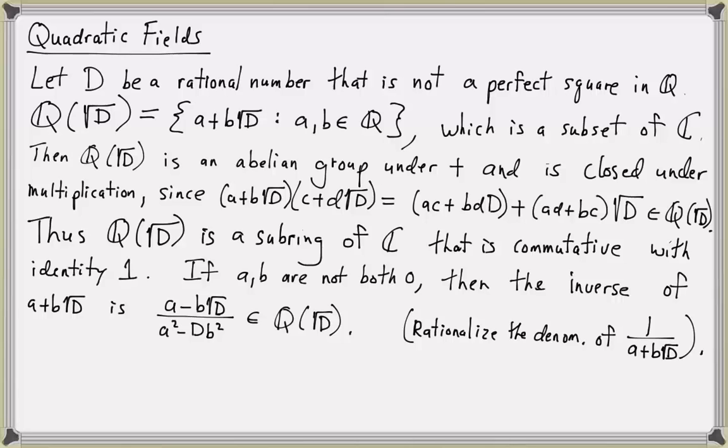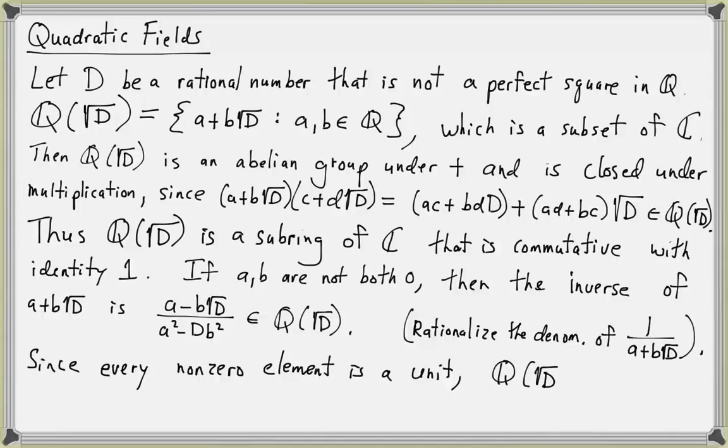When A and B are not 0, then the inverse of A plus B square root of D exists, and it's an element of Q adjoining square root of D. So therefore, since every non-zero element has an inverse and is therefore a unit, the set Q of square root of D is a field, called a quadratic field.